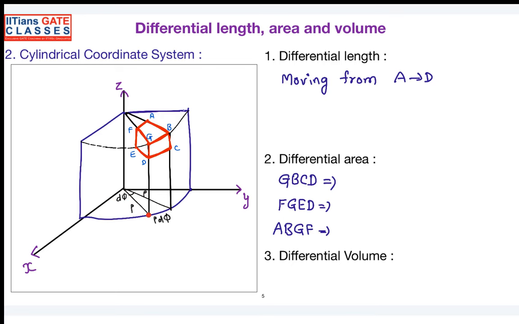So I want to move from the same case, point A to point D. So I can take the path something like this. Moving from A to D can be done by moving from A to B, and again from B to C, and again from C to D. So I can call this a vector dl equals to. When you move from A to B, please tell me what is the vector.